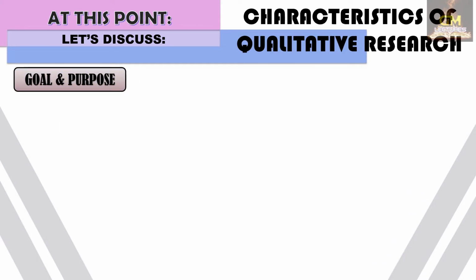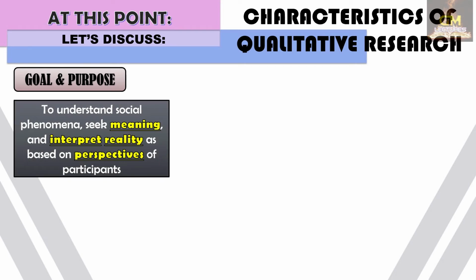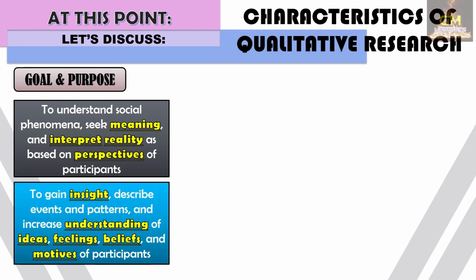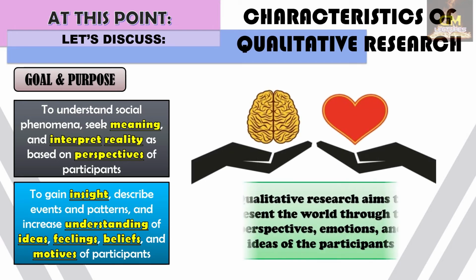For goal and purpose, qualitative research aims to understand social phenomena, seek meaning, and interpret reality as based on the perspectives of the participants. Also, qualitative research aims to gain insight, describe events and patterns, and increase understanding of ideas, feelings, beliefs, and motives of the participants. In other words, qualitative research aims to present the world through the perspectives, emotions, and ideas of the participants.